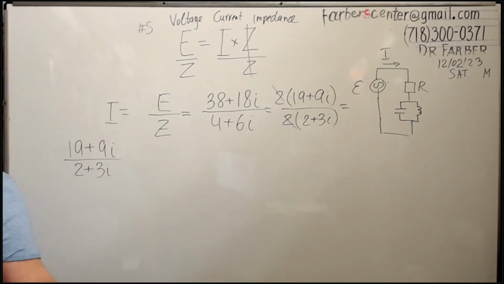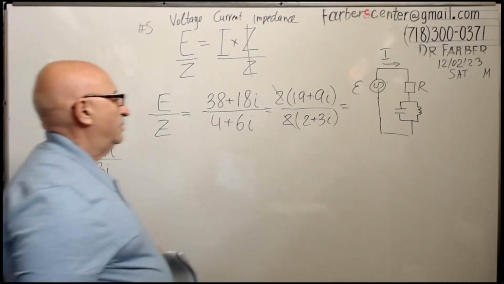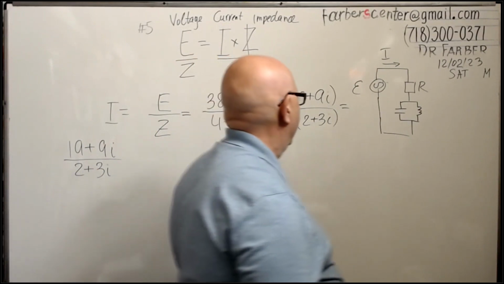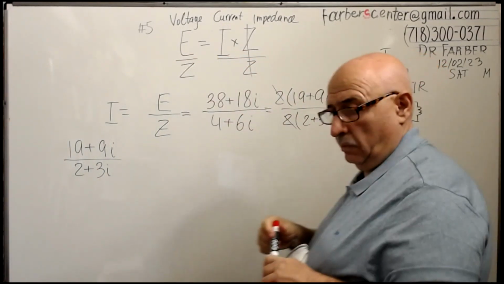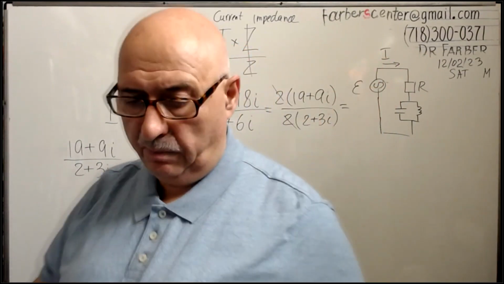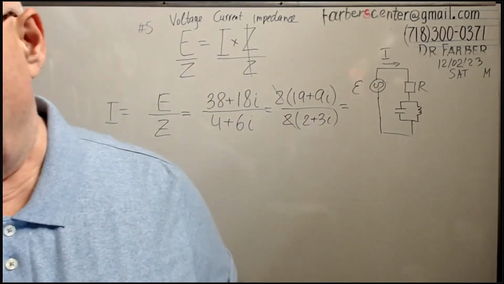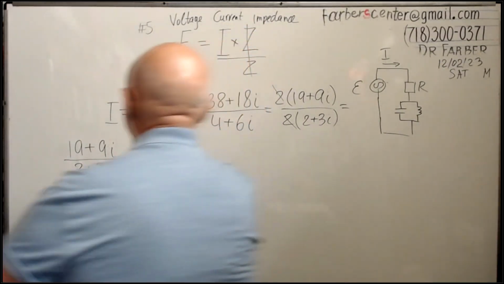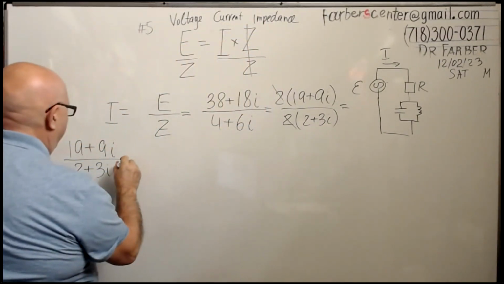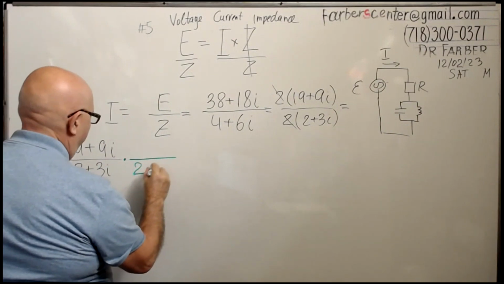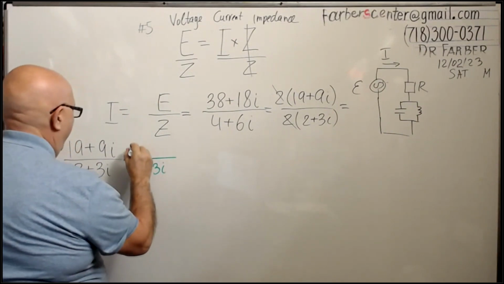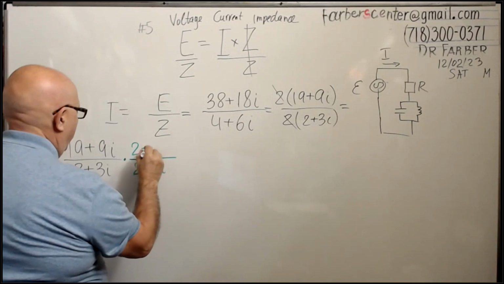Remember the main condition: we cannot have a complex number in the denominator. We multiply by the conjugate. I take a different color and I want to get rid of this in the denominator. I multiply this by the conjugate, 2 minus 3i, and 2 minus 3i.